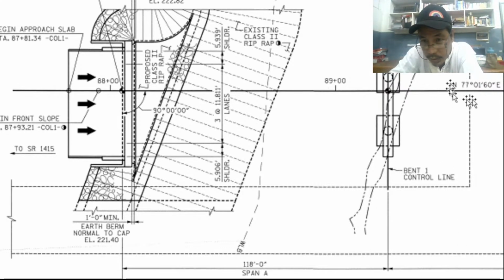Here, just below the one. North 77 degrees, 1 minute, 60 seconds. Is that correct? Okay. Can anyone confirm? Okay.